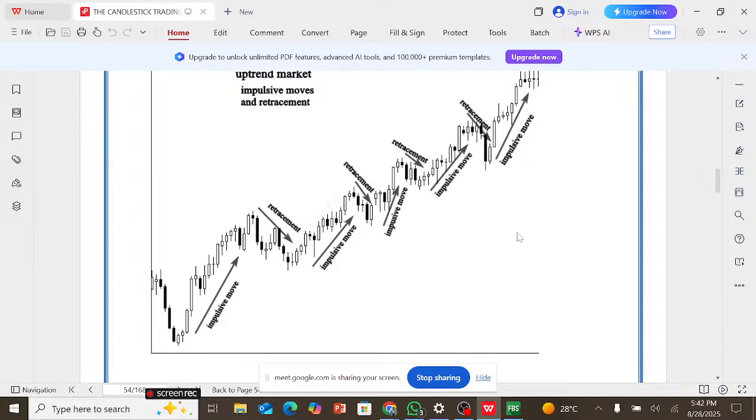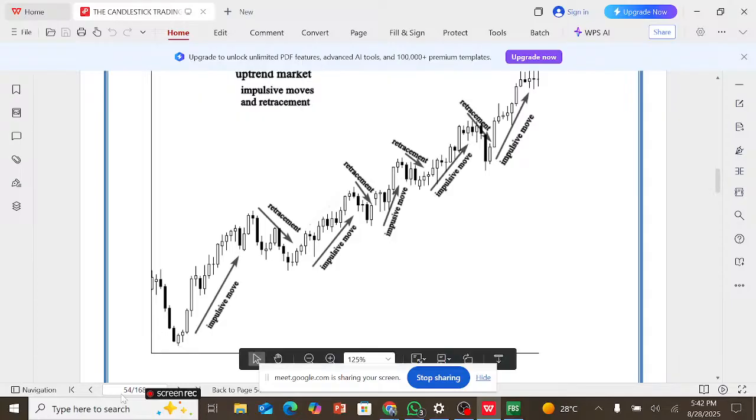Time frames meaning 4 hours, 24 hours, or daily, for us to know very well if the market structure is in an uptrend, a downtrend, or sideways. So for example, here we have an example of an uptrending market.